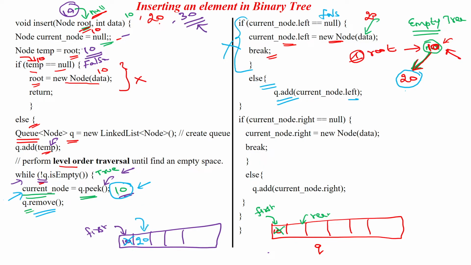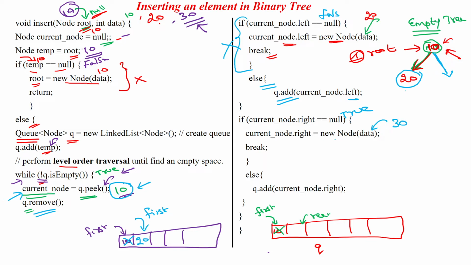So now this is the first value. Then we are checking if current_node.right equals null. Current_node is 10, and 10.right is null. Yes, it is null, so it is true now. When it is true, we are passing the data 30.